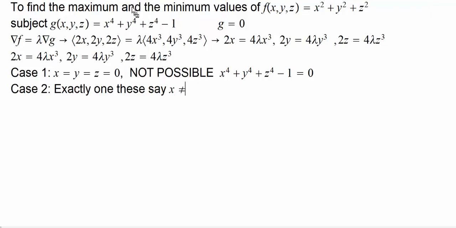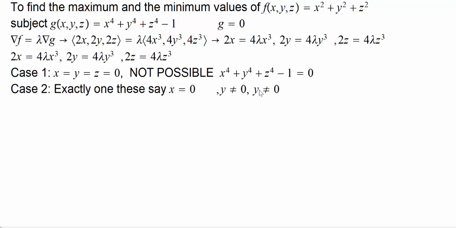So say x is equal to 0, and then the other two, y and z, are not equal to 0. So this is the situation we have.